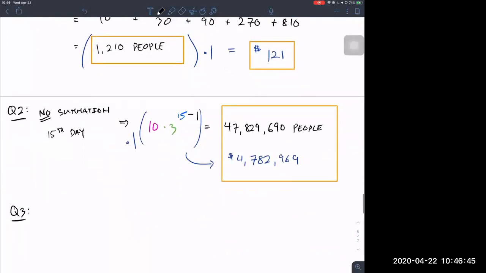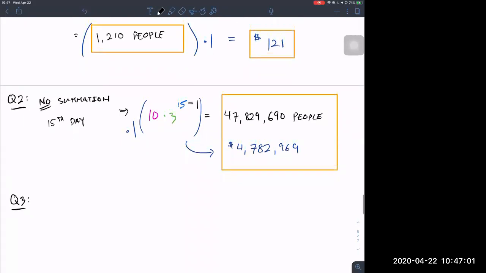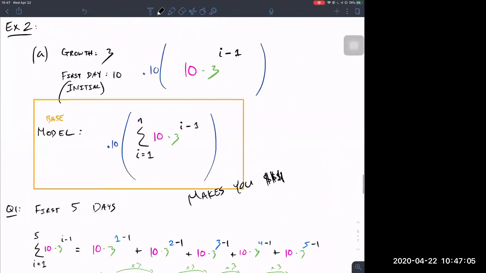you'll see that there is now, suppose for the second month, the growth of reach stays the same, right? So that means that 3 stays the same, but the first day, the post reached double numbers, right? In this case, 20 people at a time. How does the model change? So your base model again was this right here, right?